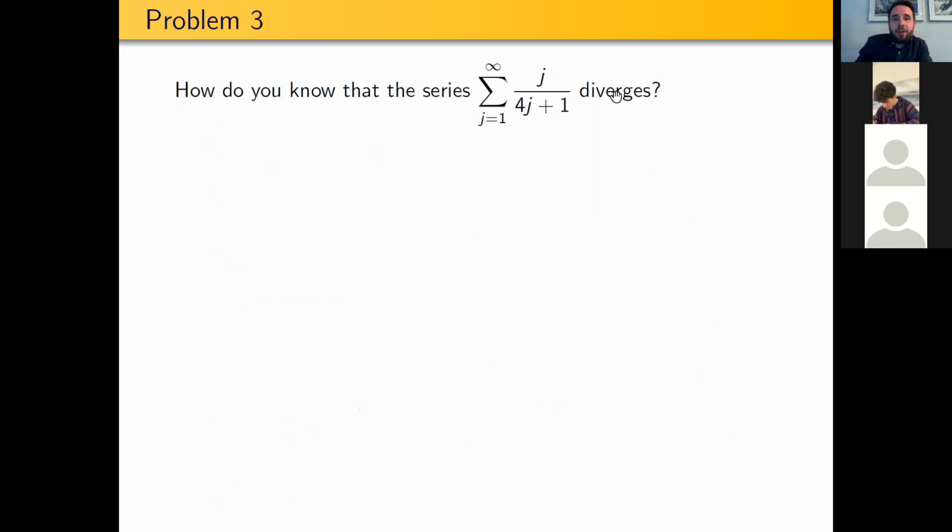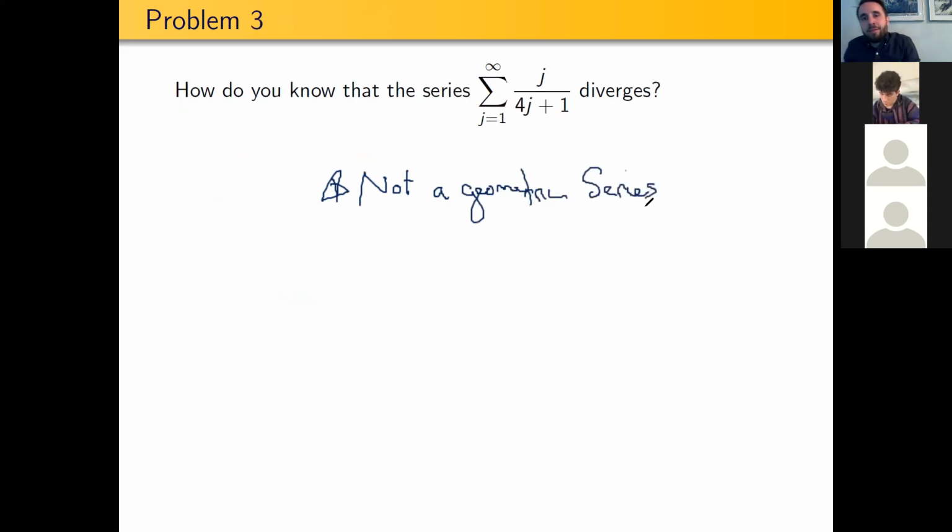Very briefly, how do we know that this series diverges? This is the sum as j goes from 1 to infinity of j over 4j plus 1. Just a few things to note. This is not a geometric series because it does not have the correct form, right?